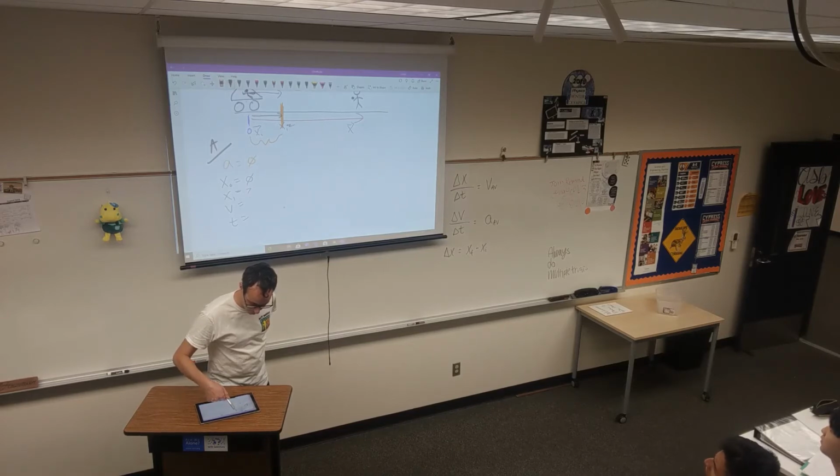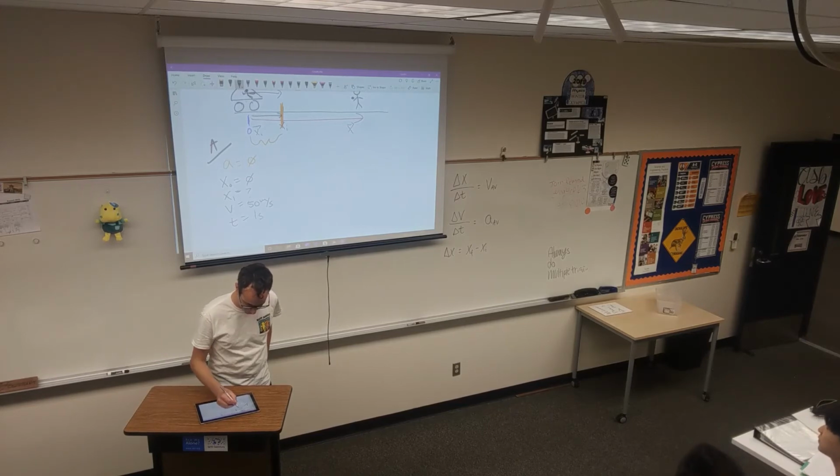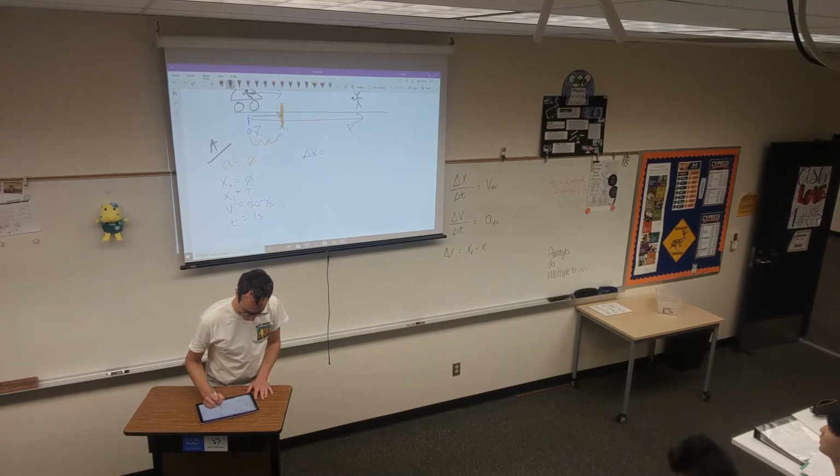Let's see. The speed is 50 meters per second, right? And the acceleration is 0, and the time is 1 second. So we can basically use this equation here, delta x equals the average velocity multiplied by the time.